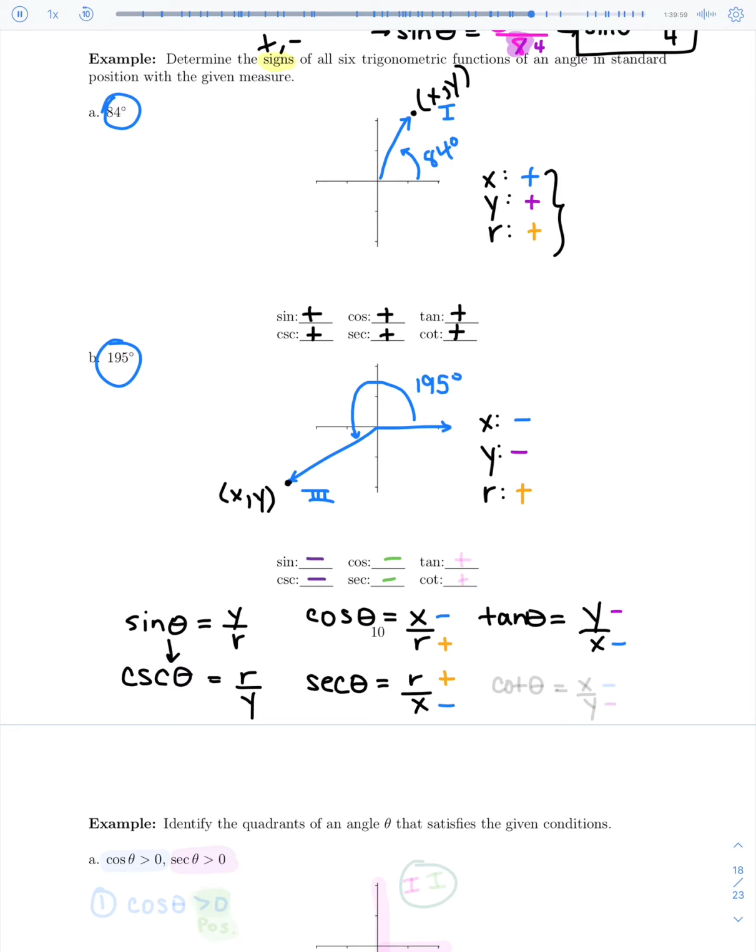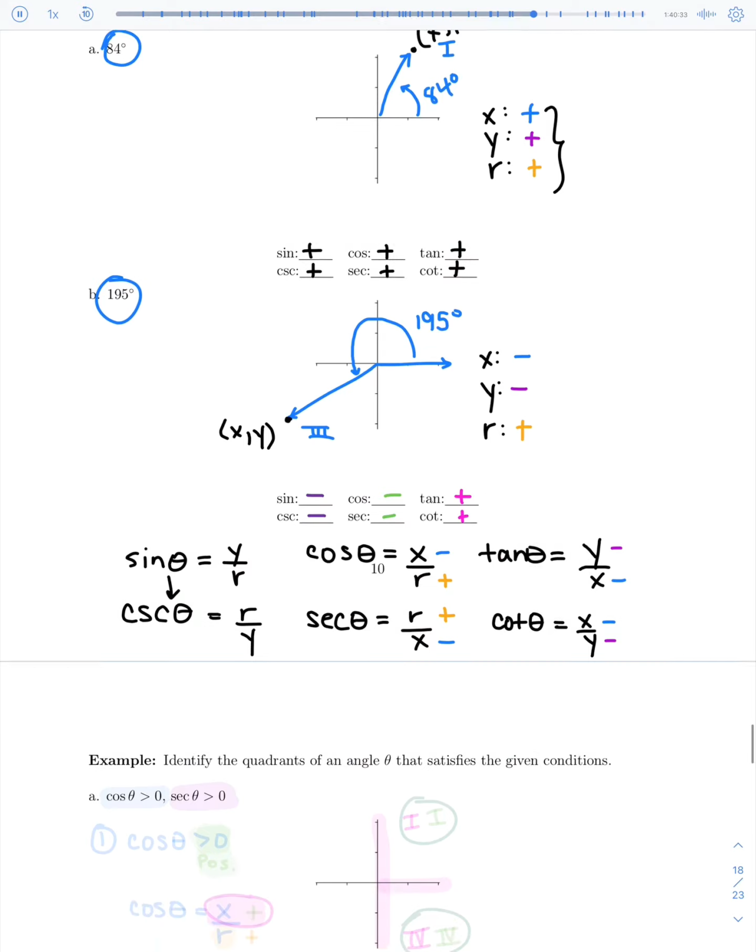Well, a negative divided by a negative will give you a positive value for your tangent. And then your cotangent will be the same thing, just flipped upside down. So it would be x over y. So you'd still end up with a negative divided by a negative, which would still give you a positive. And what you notice is your two pairs that match up, that are reciprocals, always have to have the exact same sign.